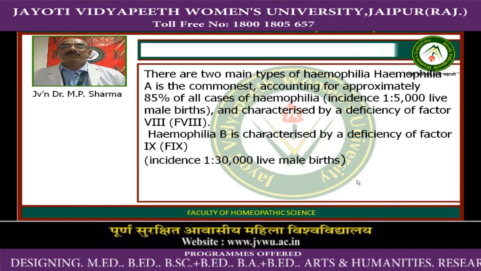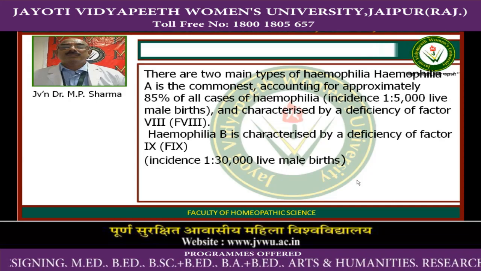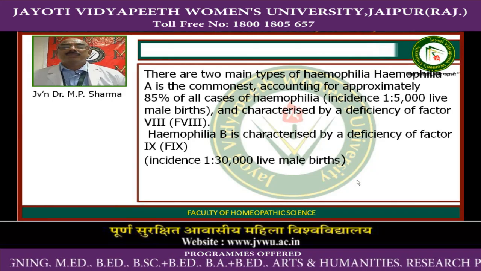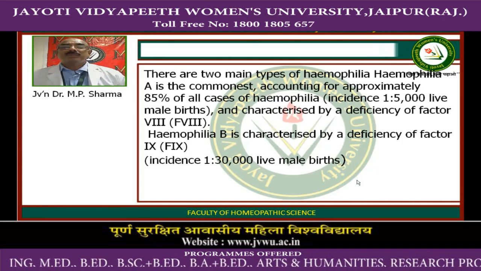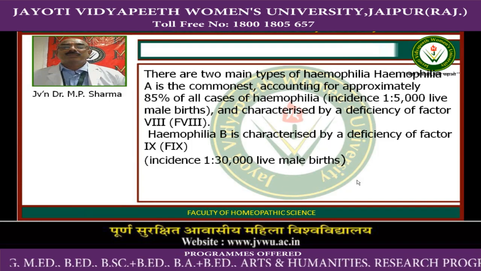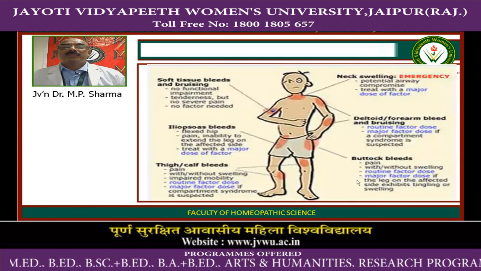There are two main types of hemophilia. Hemophilia A is the commonest, accounting for approximately 85% of all cases of hemophilia, and is characterized by a deficiency of factor 8. Hemophilia B is characterized by a deficiency of factor 9.